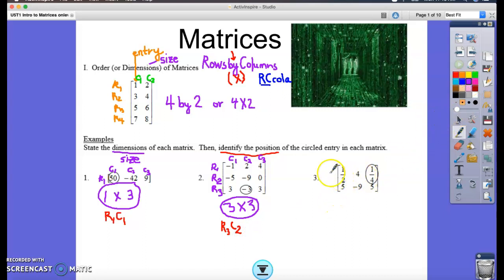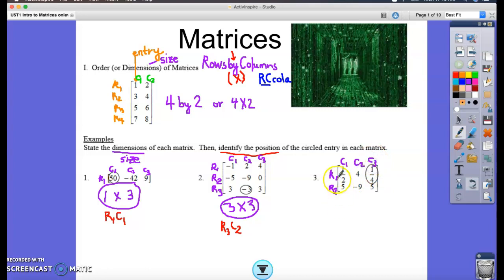All right, next one. That 1/2 is kind of large like that, but don't get it twisted. That's one lovely entry. If I drew a horizontal to hit 1/2 and 4 and 1/4, that would be row 1. 5, -9, and 5 are row 2. Columns, 1/2 and 5 are in column 1. 4 and -9 are in column 2. 1/4 and 5 are in column 3.